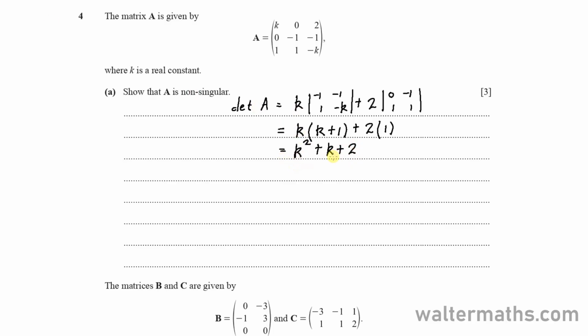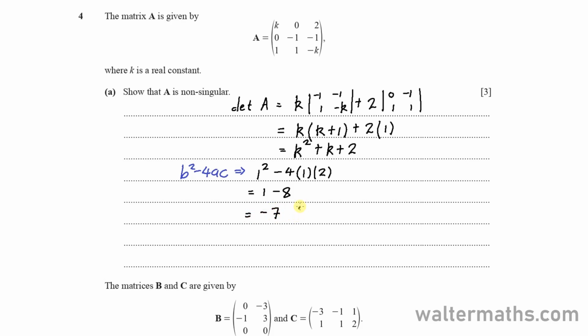Now for what we've got, let us consider the discriminant. That's b squared minus 4ac. For this one, we will get 1 squared minus 4 of 1 of 2, which is 1 minus 8, which comes out as minus 7.